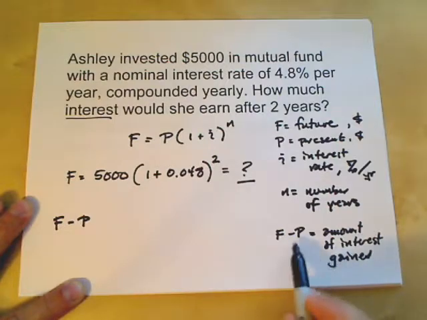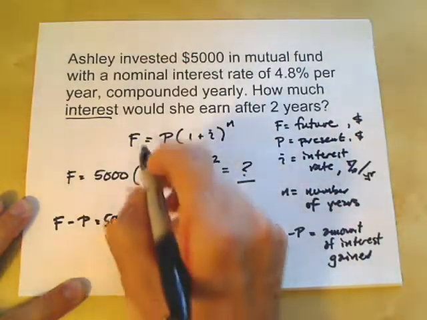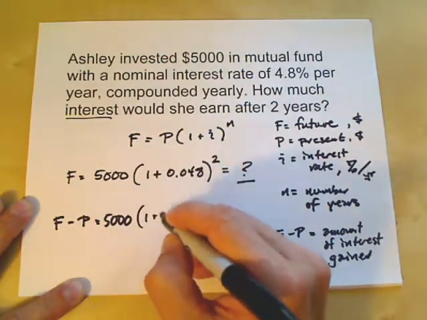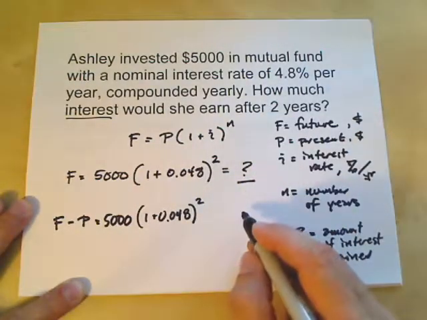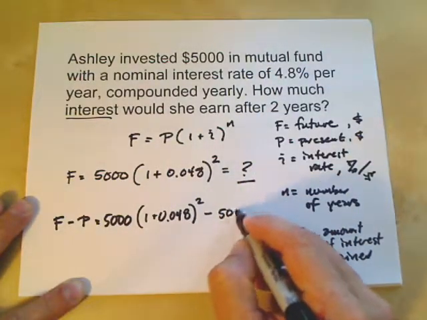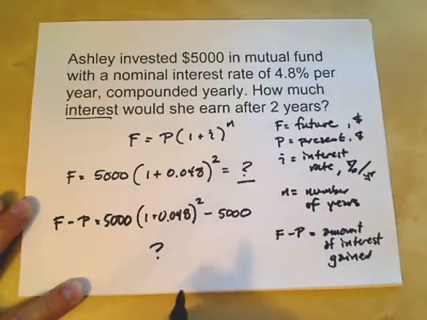So in this case, F minus P is going to equal the same expression that we got up here for F, 5,000 times 1 plus the interest rate, compounded for 2 years, minus the initial 5,000. Put your answer in the comments.